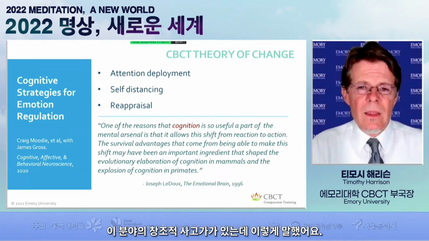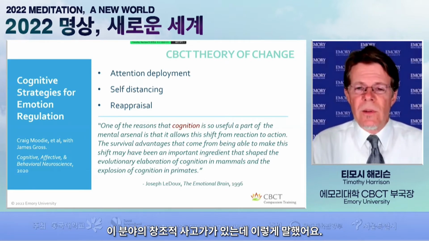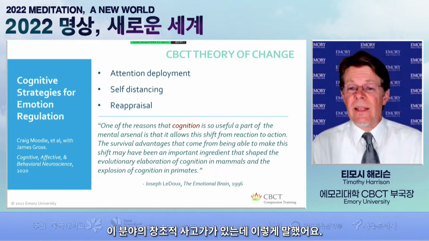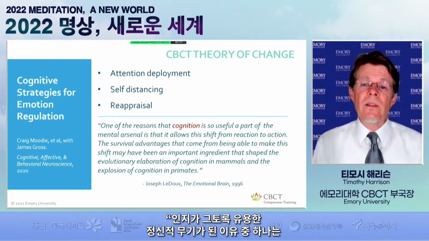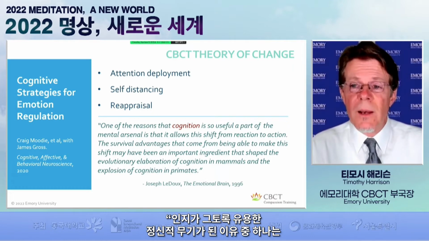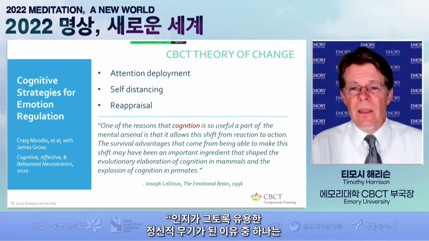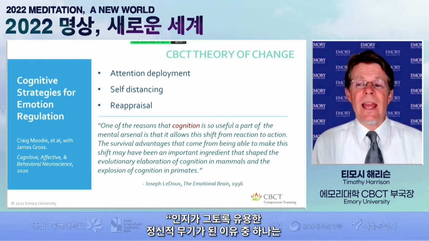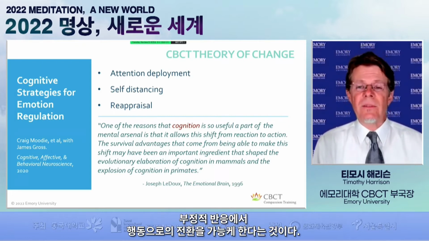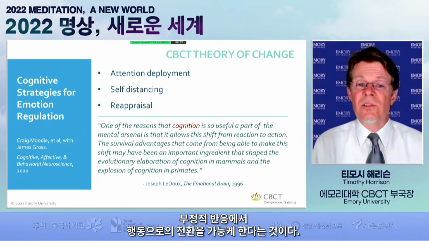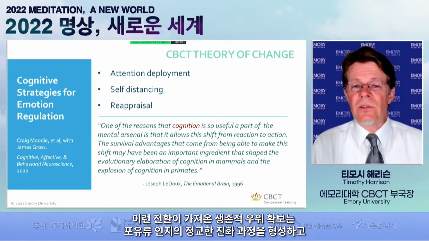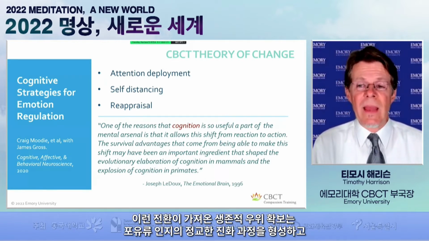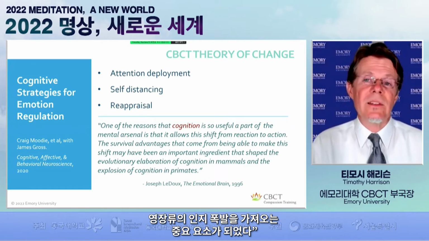So Joseph Ledoux, one of the original thinkers in this field, wrote The Emotional Brain in 1996, and said this: "One of the reasons cognition is so useful, a part of the mental arsenal, is that it allows this shift from reaction to action. The survival advantages that come from being able to make this shift may have been an important ingredient that shaped the evolutionary elaboration of cognition in mammals and the explosion of cognition in primates."